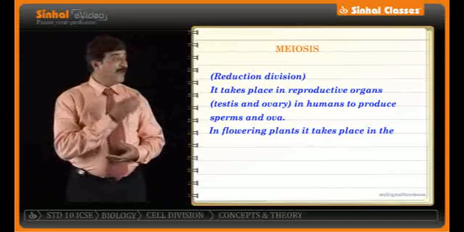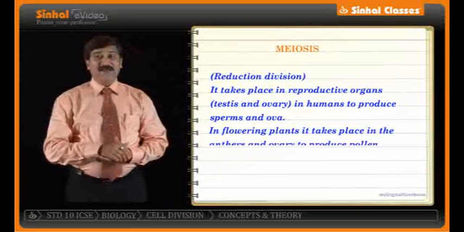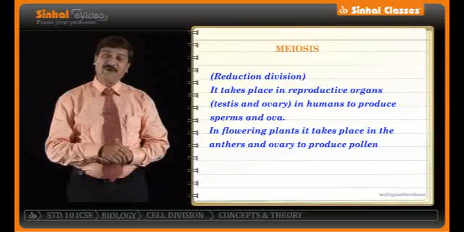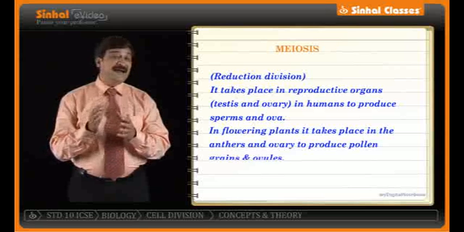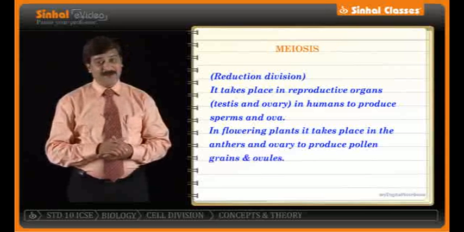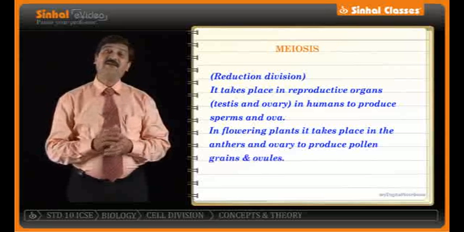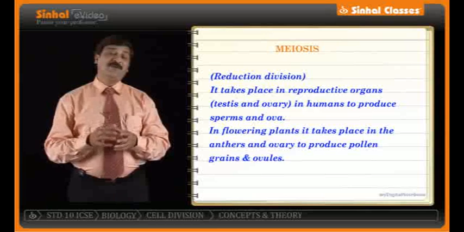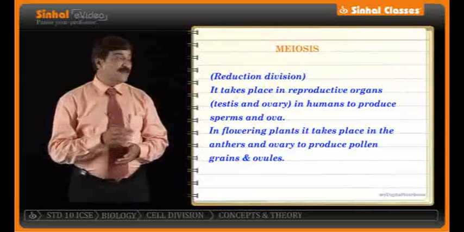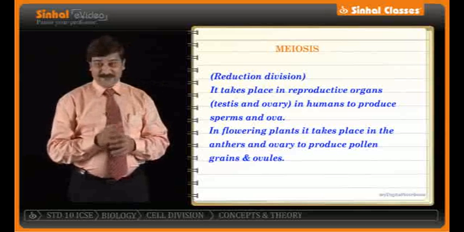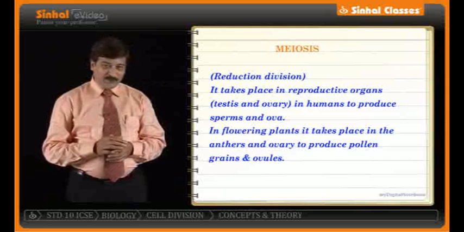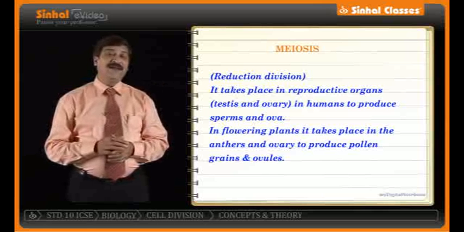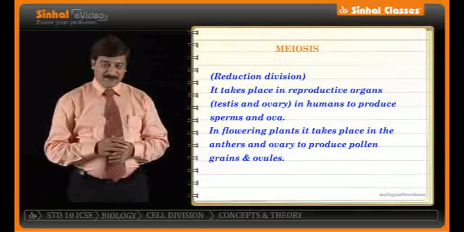In flowering plants, meiosis takes place in the anther and the carpel, because in the anther the pollen grains are produced, while in the carpel the ovaries are produced, which contain ovules, as we already know. We have already studied a part of that in our previous year.